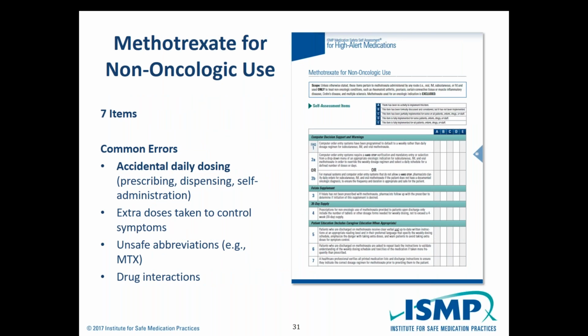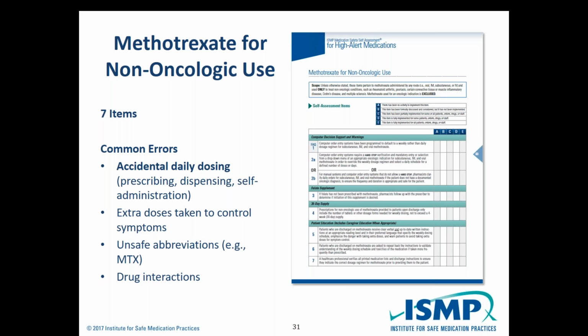The next section is on methotrexate for non-oncologic use. This is another small section, 7 items, but we felt it was important enough to have a category of its own. As you know, for the last 4 years the ISMP has been putting out its Targeted Best Practices, and methotrexate for non-oncologic use has been on that list through the first 2 revisions.